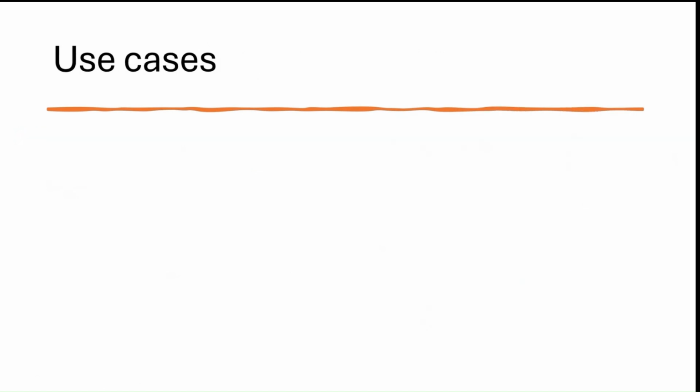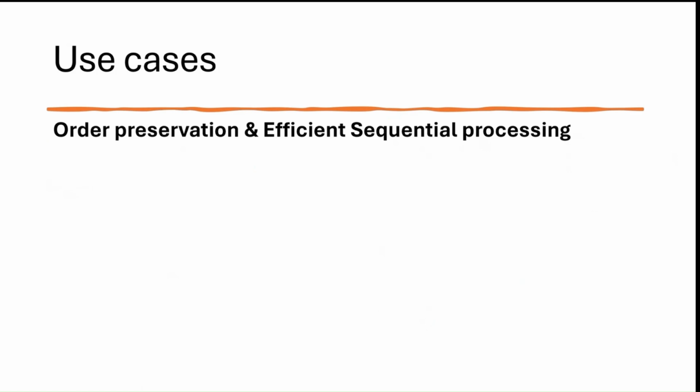Let's understand the different use cases, right? The use case where order preservation or ordering matters and efficient sequential processing is needed. For example, let's say you are in college and you want to print something, right? And there are other students also who are sending jobs to the printer, right?